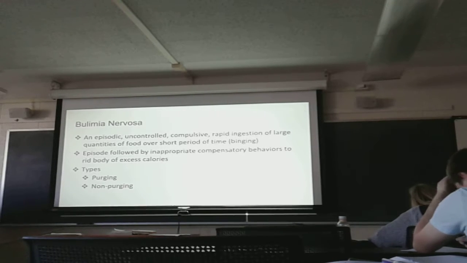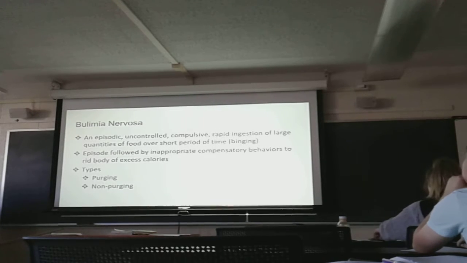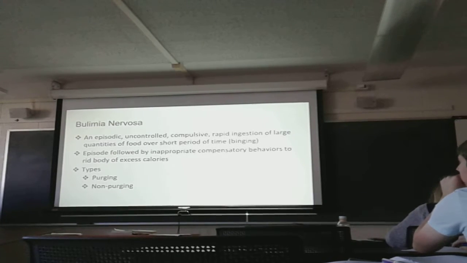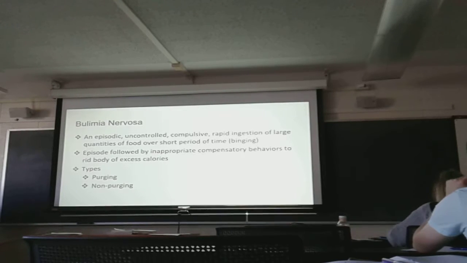All right, with bulimia, it's going to be the binging. There are two types, purging and non-purging. Binging is when they eat a whole bunch of food at one time, over a short period of time. And then they do things to get rid of the food that are not normal, such as purging. Do you know what purging is? Vomiting.